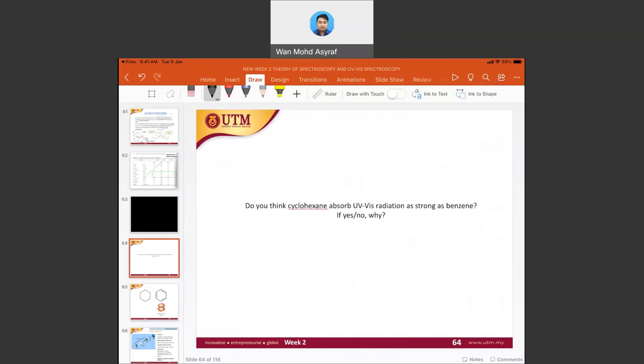So this is one of the questions. Do you think cyclohexane can absorb UV radiation as strong as benzene? Can a cyclohexane absorb UV as a benzene? Can it do it? Okay, so you need to think. If yes, why? If no, why?